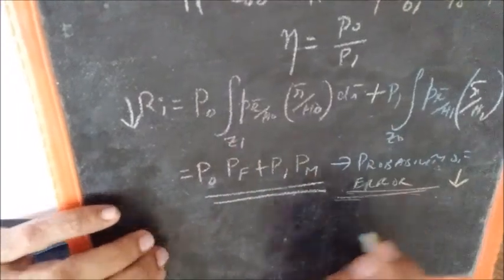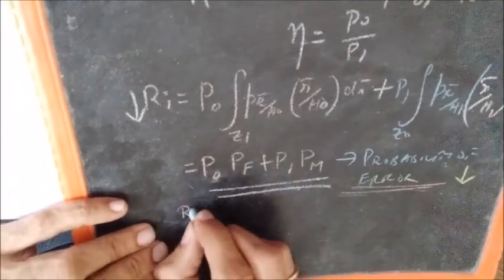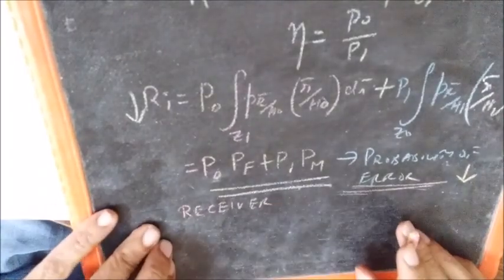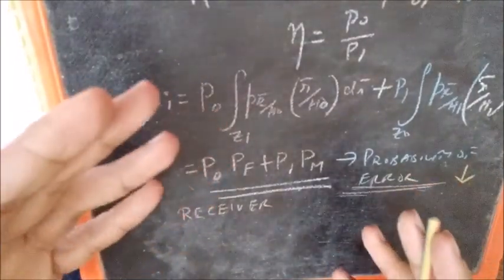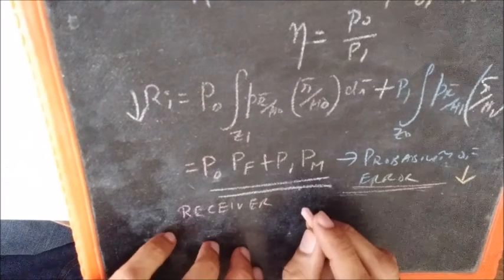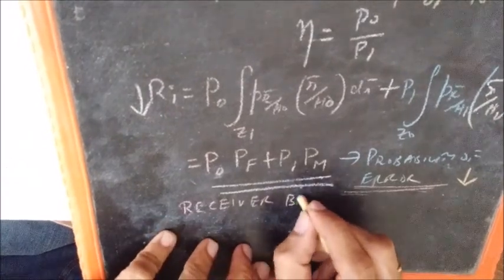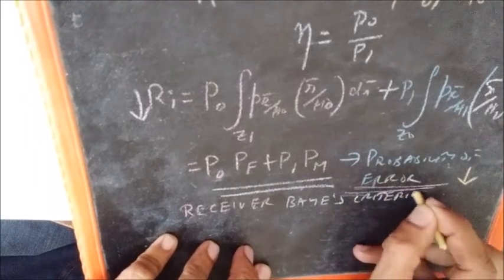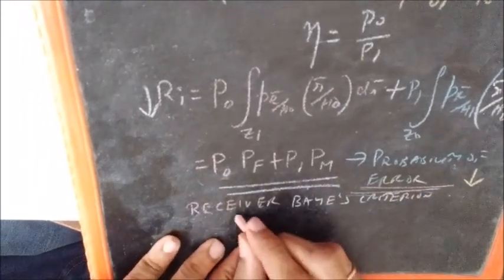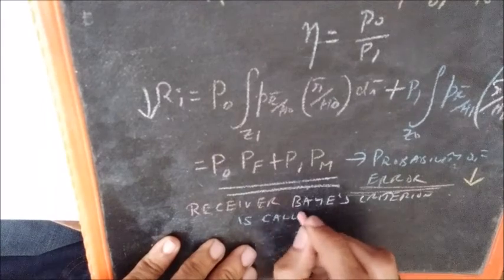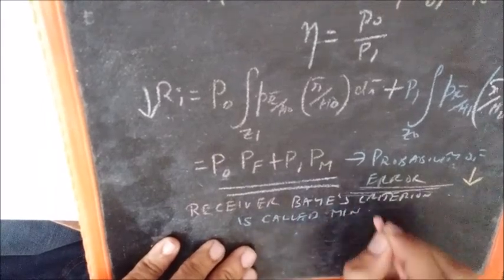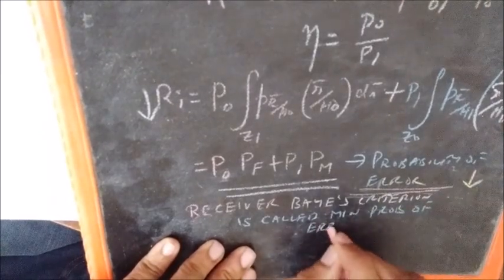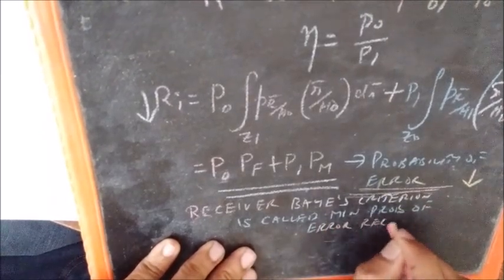So a receiver or any decision rule which is based on the Bayes criterion is called a minimum probability of error receiver.